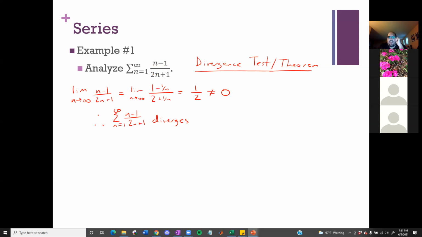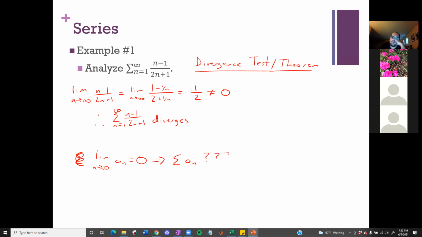And just to be really clear, what if we look at that limit and the limit is 0? What does that tell us? So let's say I look at this limit. What does that tell us about this series? It converges. It actually doesn't tell you that.